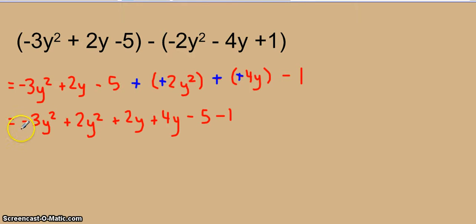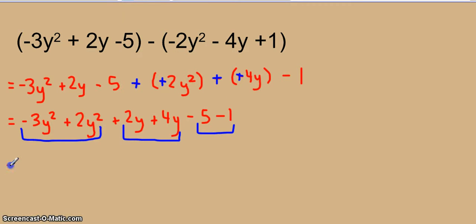I like to put a line under my like terms to remind myself I can only combine like terms. So I can combine my y squares with y squares, y's with y's, and my constant terms with constant terms.